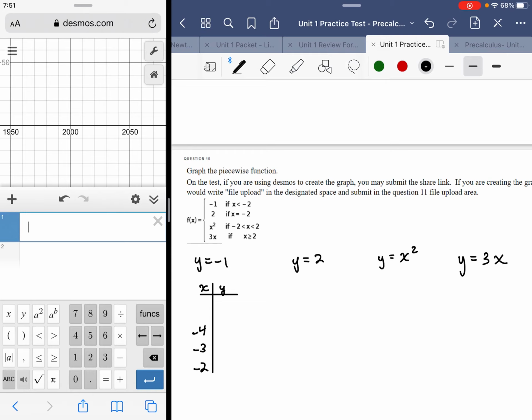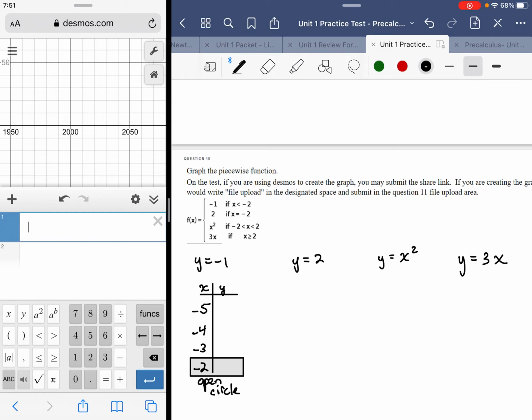So negative 3, negative 4, negative whatever you want, as long as it's less than a negative 2. That negative 2 is going to have an open circle when we plot it, because less than symbols always get open circles.